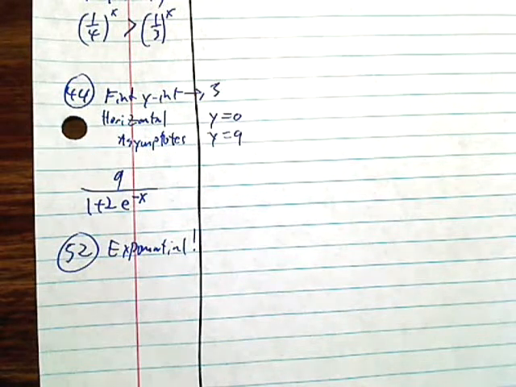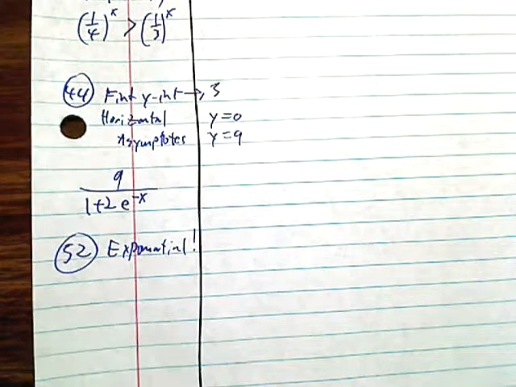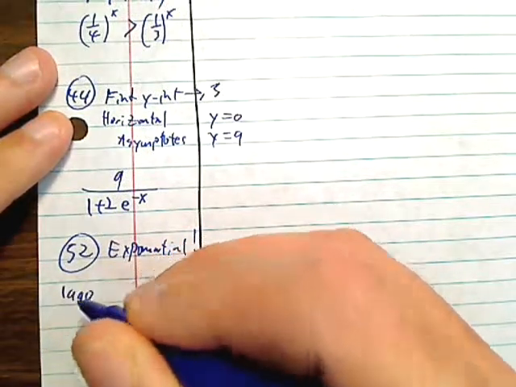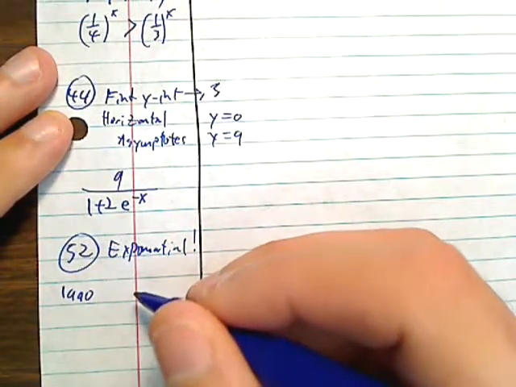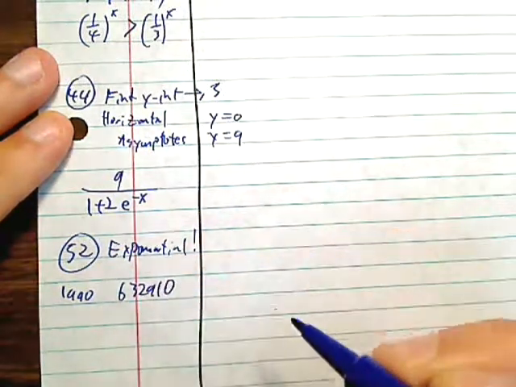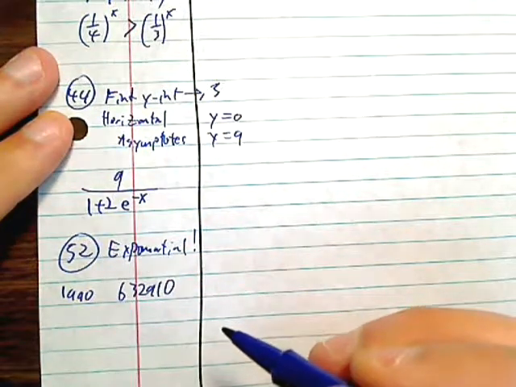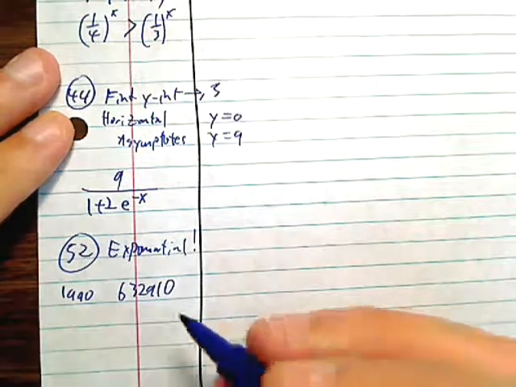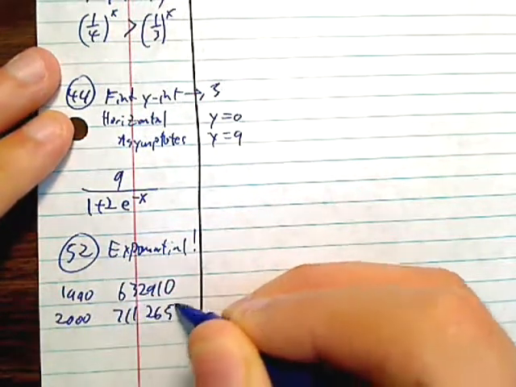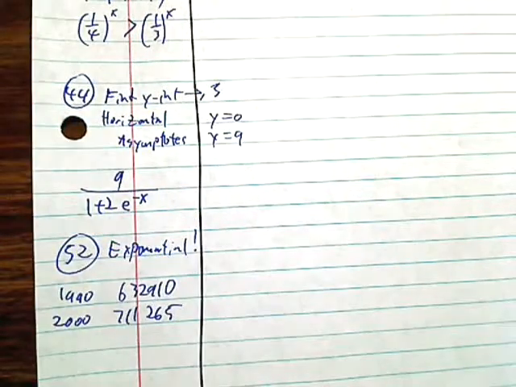Okay, Columbus, in 1990, is 632,910. And in 2000, it is 711,265. There are a couple different ways to do this. I would say you really could just use regression.